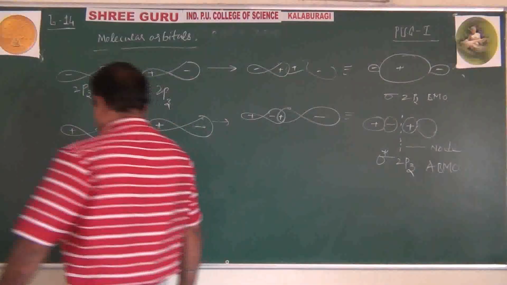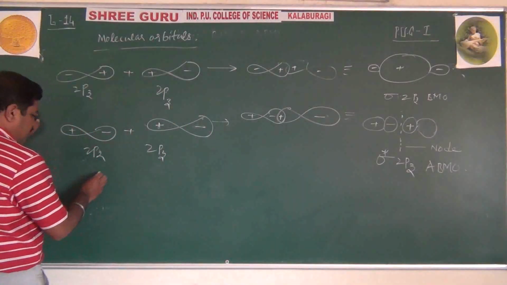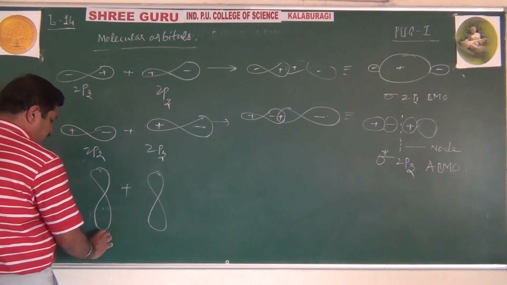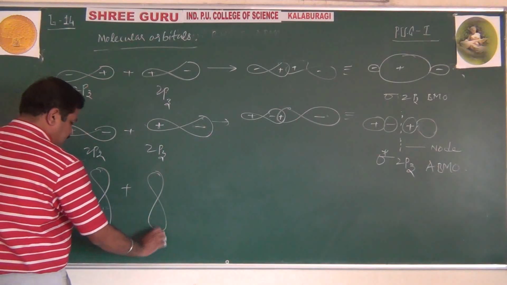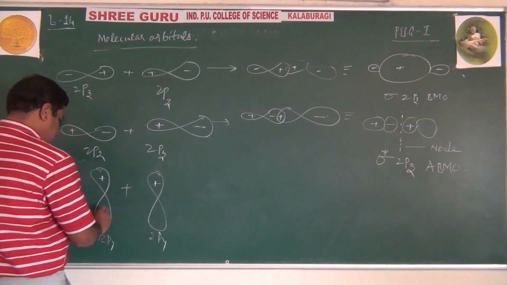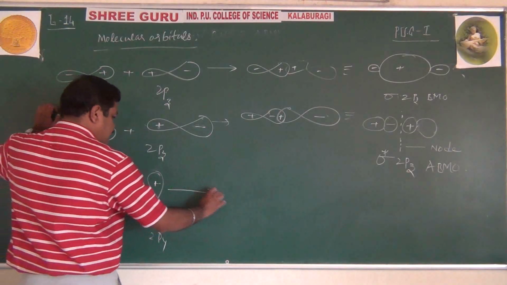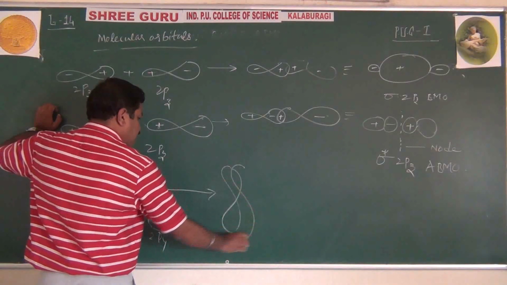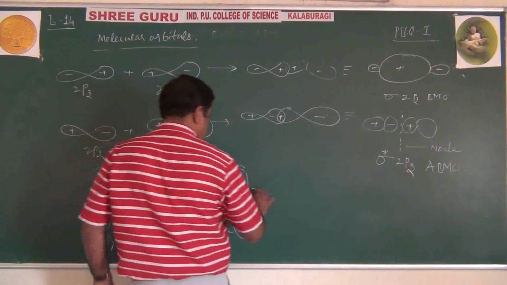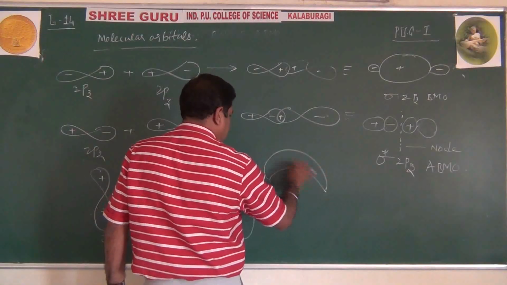What is remaining lastly? Pi molecular orbitals. See here. They lie perpendicular to each other, 2px or 2py. Anyone. I will just take 2py. 2px will be same. Plus, plus, minus, minus gives rise to one shape. Plus, plus, minus, minus gives rise to one lobe set. Go like this.